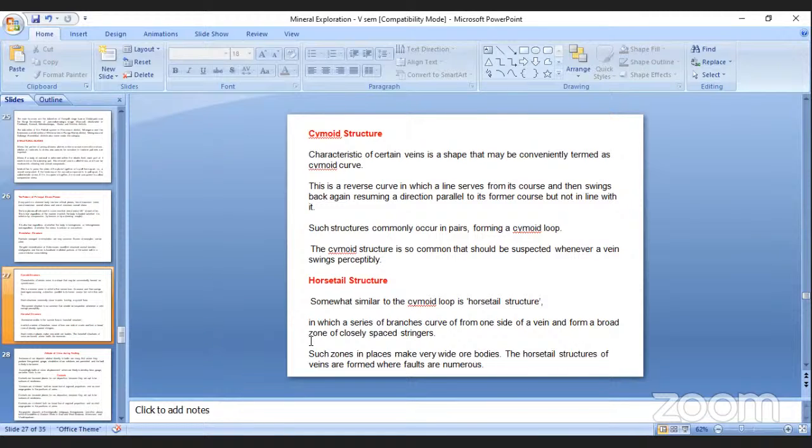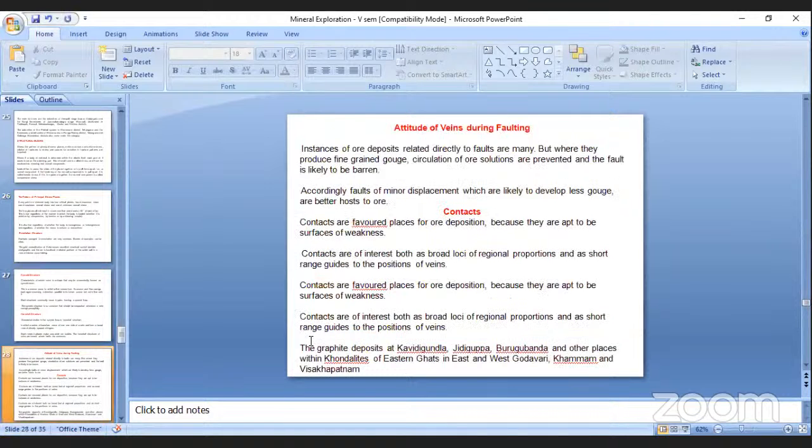Such zones are seen in very wide ore bodies, and these structures can be seen in veins, which form very numerously in faults. And the attitude of veins during the fault.